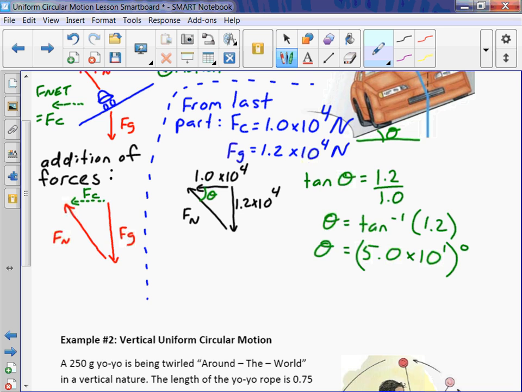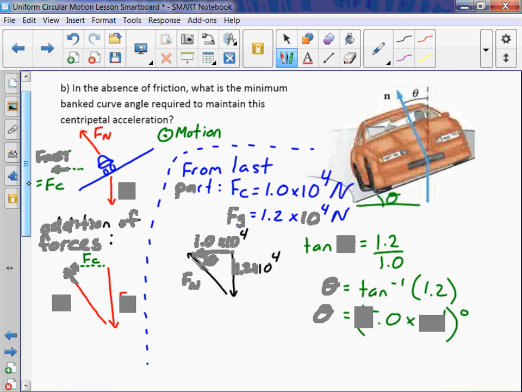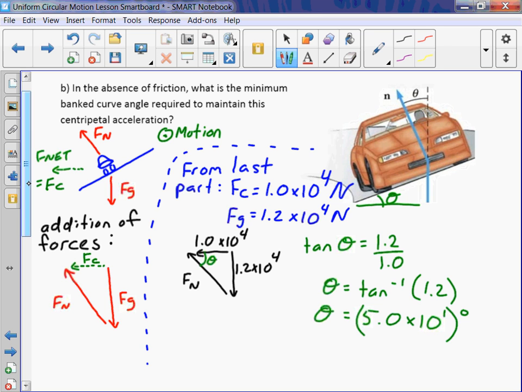We want this angle here, the banked angle. Okay, that equals that. Let's just get all the angles. Now I'm confused. Look at the picture.